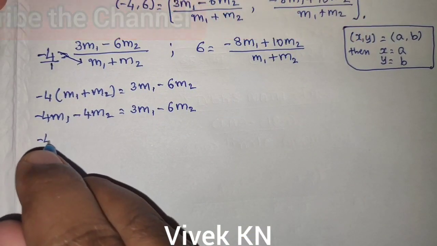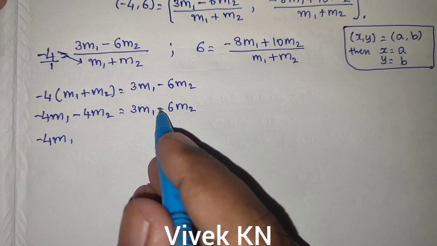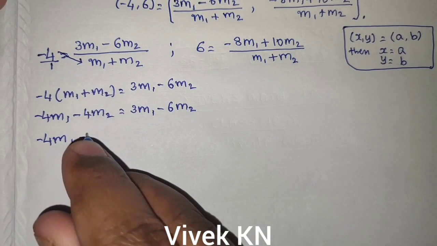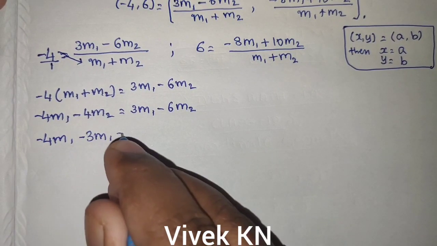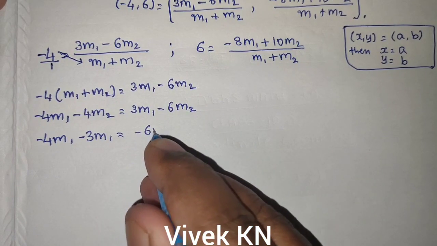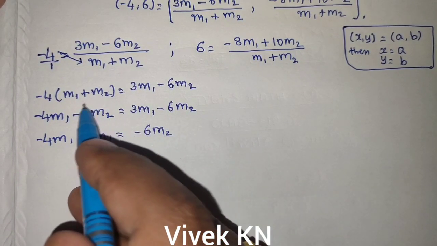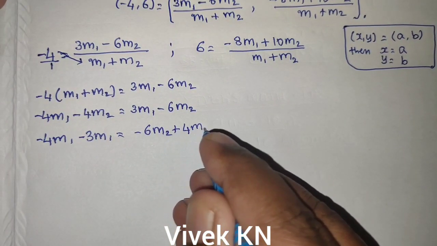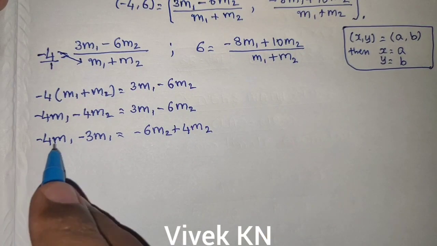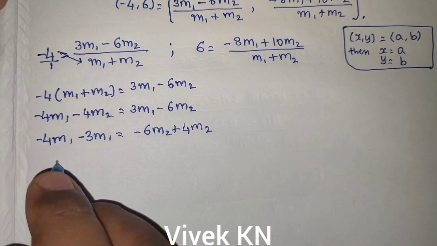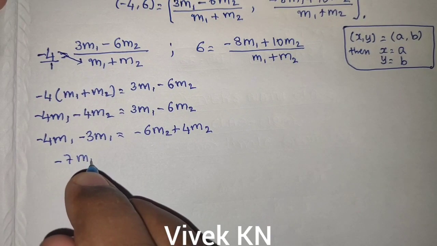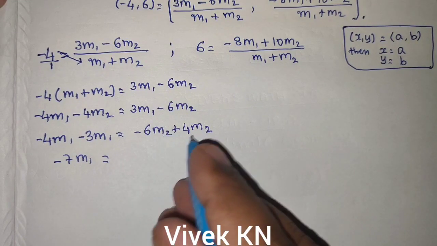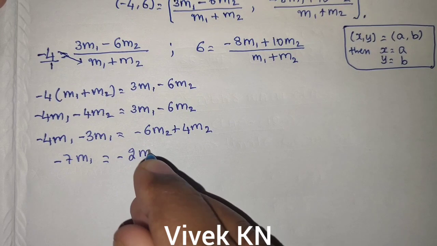That is, -4m1. When we shift this 3m1 to the left hand side, it will become -3m1, which is equal to -6m2. When we shift this -4m2 to the RHS, it will become plus 4m2. Now -4m1 minus 3m1 becomes -7m1, which is equal to -6m2 plus 4m2. It will become -2m2.